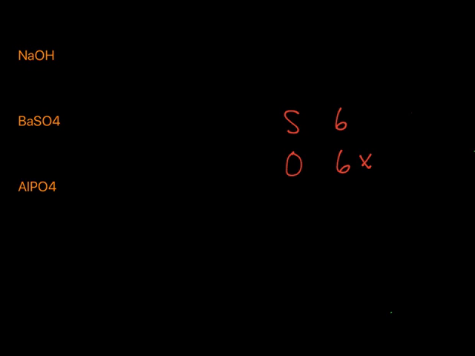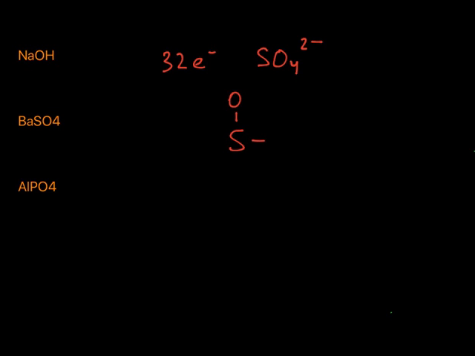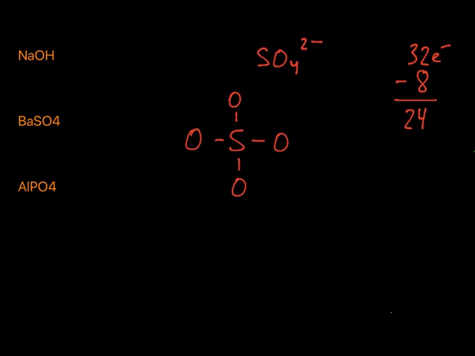There are 4 oxygens, so it's 24 plus 6, that's 30, plus the 2 electrons coming from the barium, that's 32 electrons we have for the SO4 2- anion. The next step is to write out the simple skeletal structure, with sulfur in the middle. By doing this, we used up 8 electrons, so 32 minus 8 is 24 electrons. We're going to add 24 electrons, going to the outside atoms first.